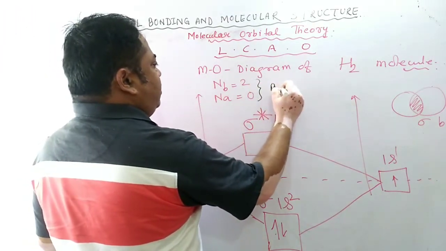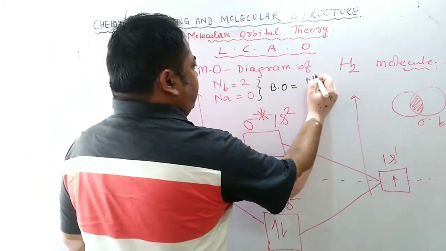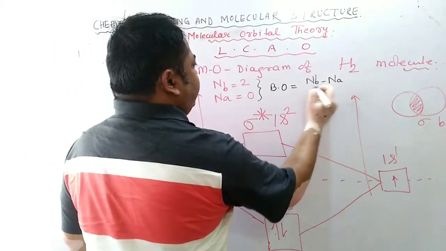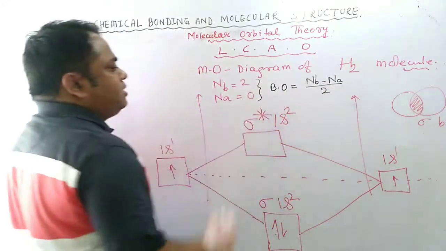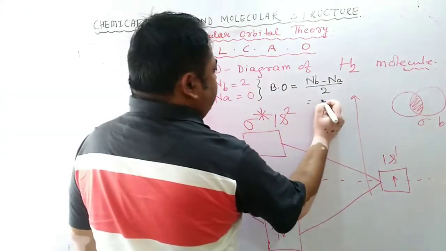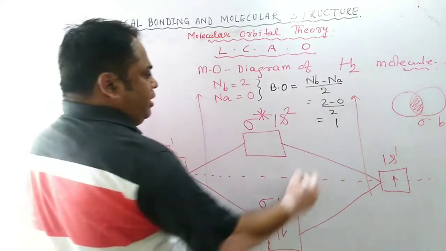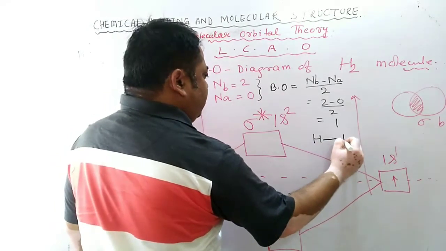So bond order is equal to number of bonding electrons minus number of anti-bonding electrons, divided by 2. This gives us the idea about how many bonds will be there between two atoms. This will be 2 minus 0 by 2 equal to 1. That is why in hydrogen one covalent bond is there.